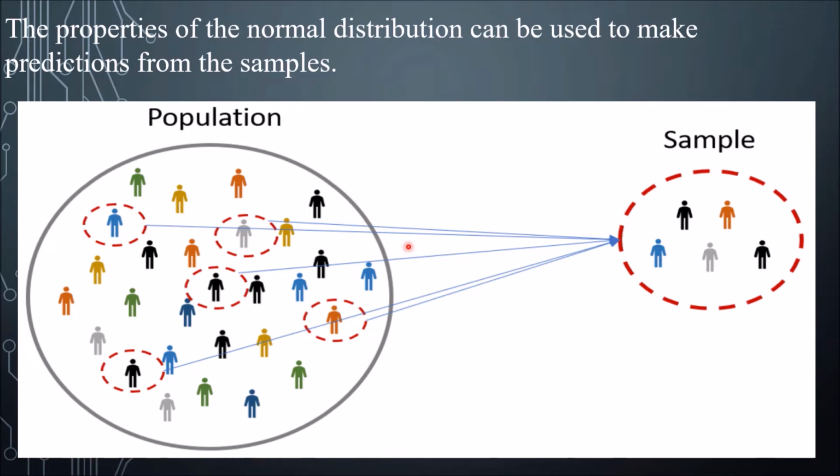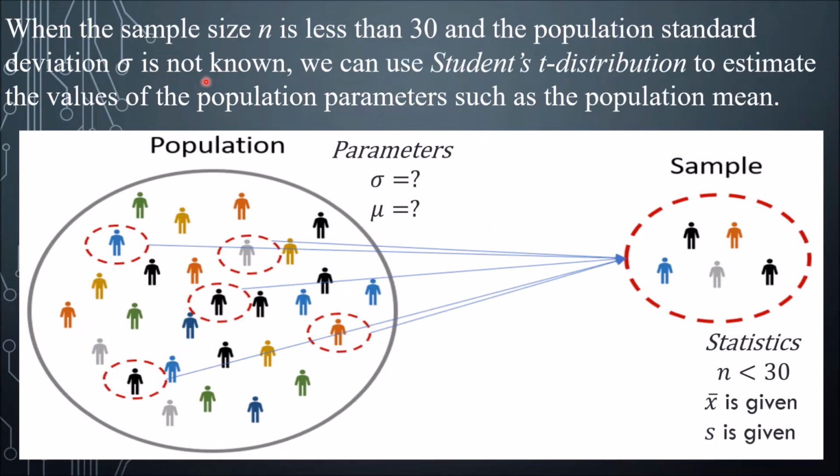Meaning to say, we can predict or estimate population parameters such as population mean and population standard deviation using sample statistics such as sample standard deviation and sample mean. When the sample size n is less than 30 and the population standard deviation is not known, we can use student's t distribution to estimate the values of the population parameters such as the population mean.